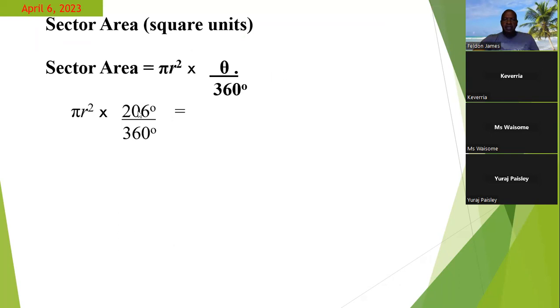The angle tells you the portion of the area, so you write the angle over 360 as a fraction times the area, and you will get the calculation.